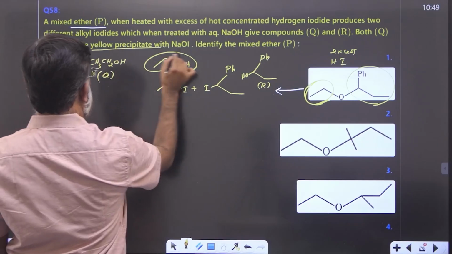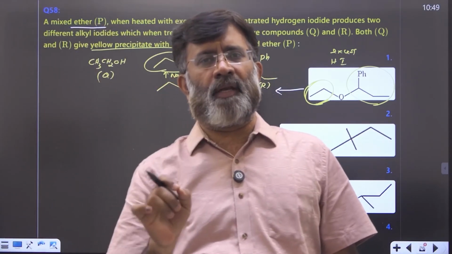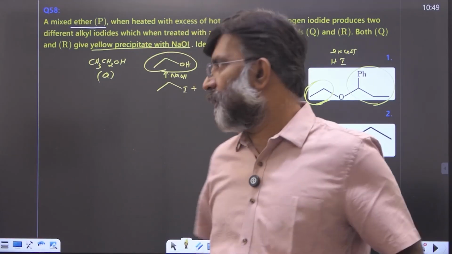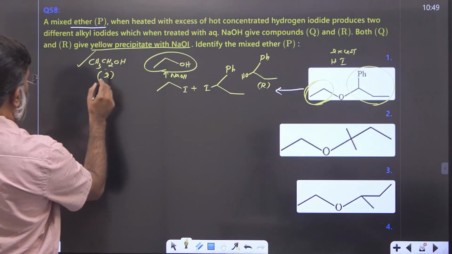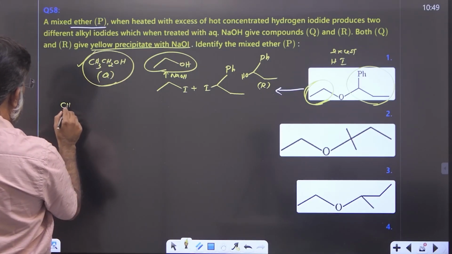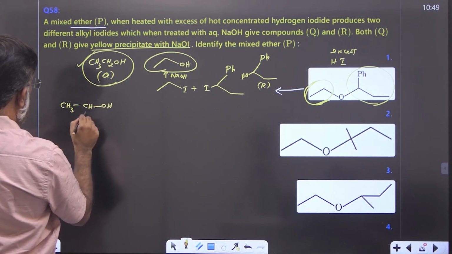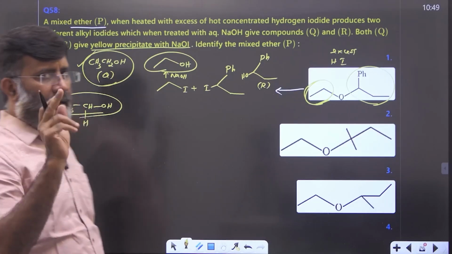I hope you understand this is haloform reaction. Getting a yellow precipitate with the NaOI means you are getting iodoform. This will give you iodoform, because this is a methyl carbinol group. A compound with a methyl carbinol group can give you haloform test.